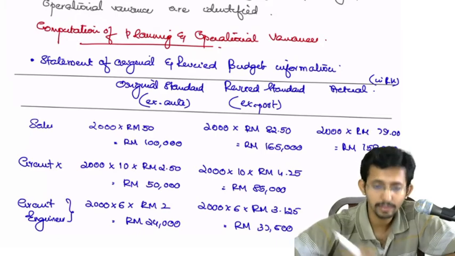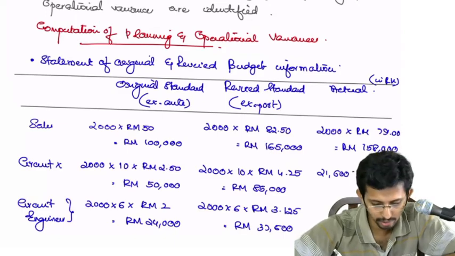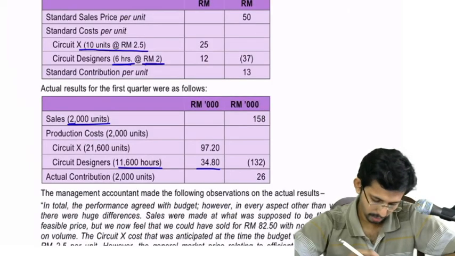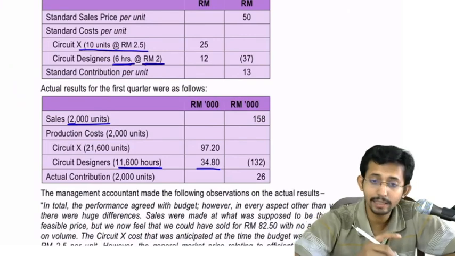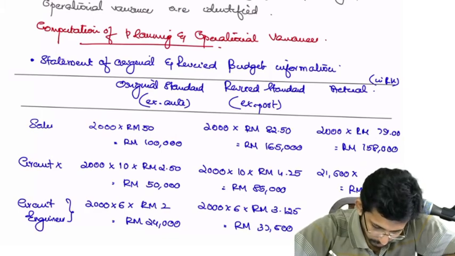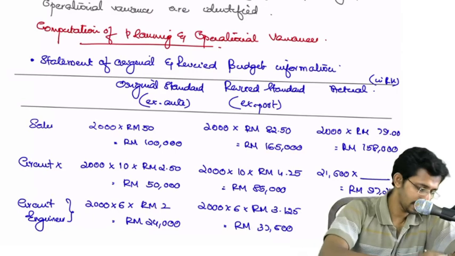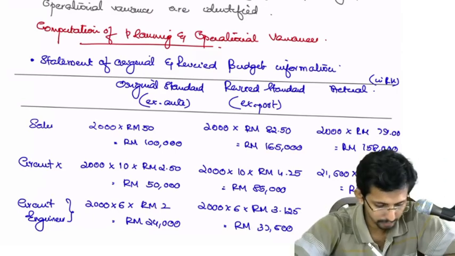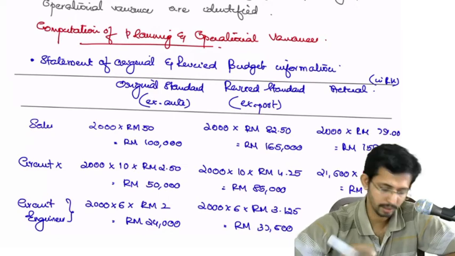Then circuit X: 21,600 into how much? 4.5. So total is 97,200. So this will be 97,200 divided by 21,600, that is 4.5. Okay, this you have to work out, compute.